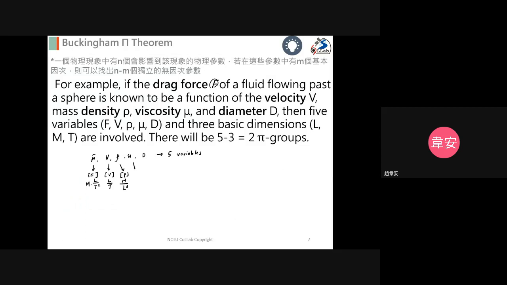And the viscosity dimension, if we remember, the viscosity can be computed from tau, the shear force, and we have the viscosity here, and we need to know the velocity gradient.